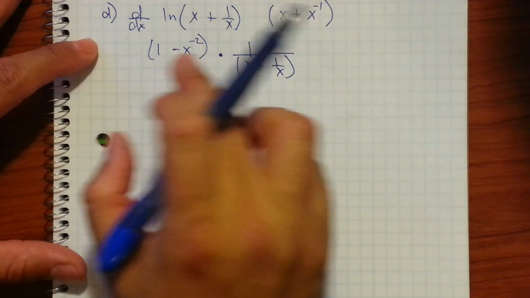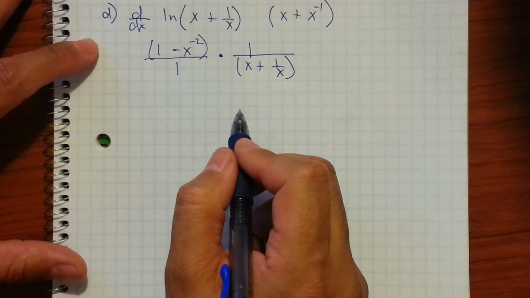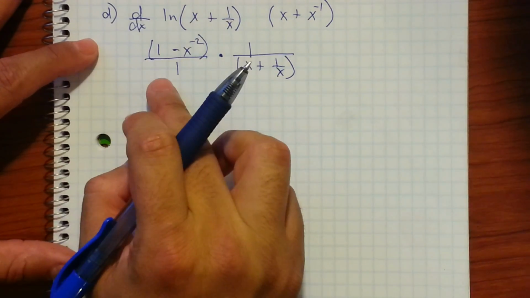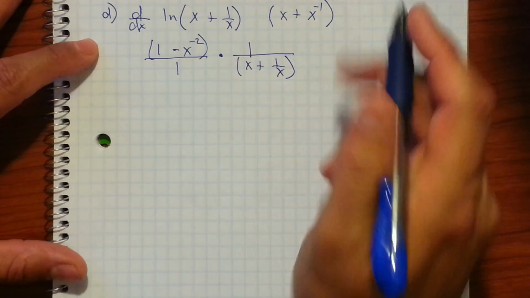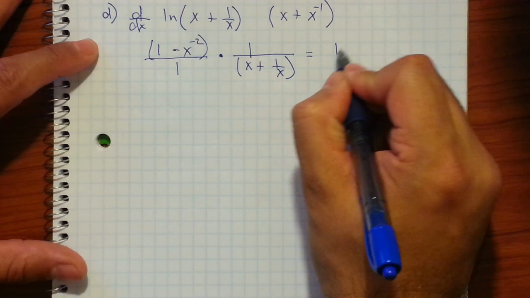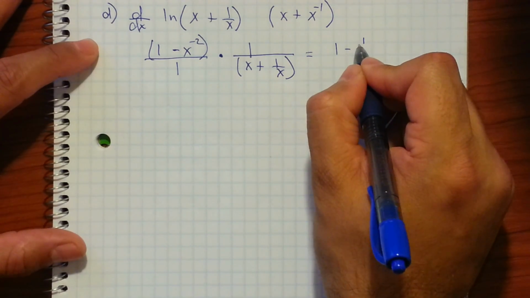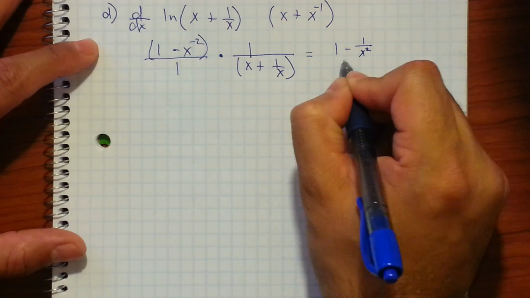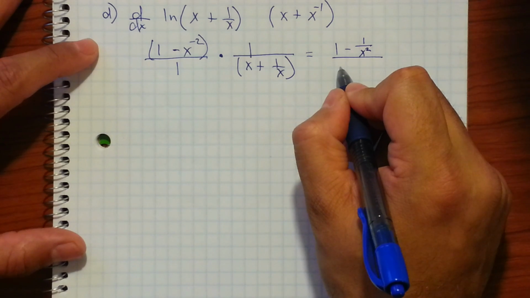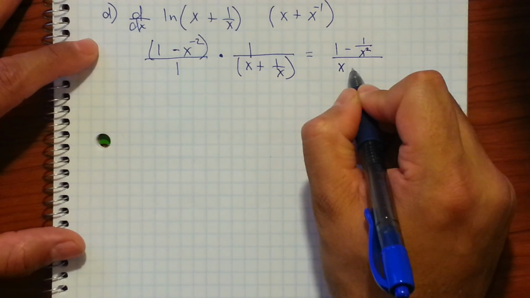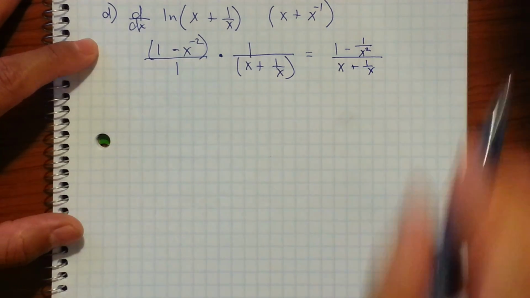Now, because all this right here could be considered the numerator, I'm going to write it like that, because there's nothing in the denominator here. So I'm multiplying straight across, so I end up with 1 minus 1 over x squared, times, on the bottom, x plus 1 over x.